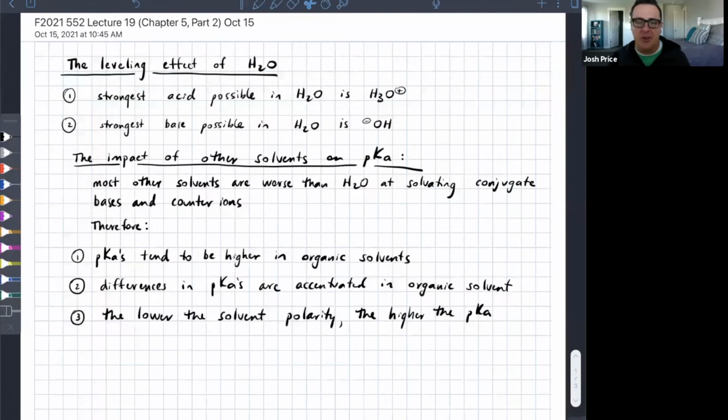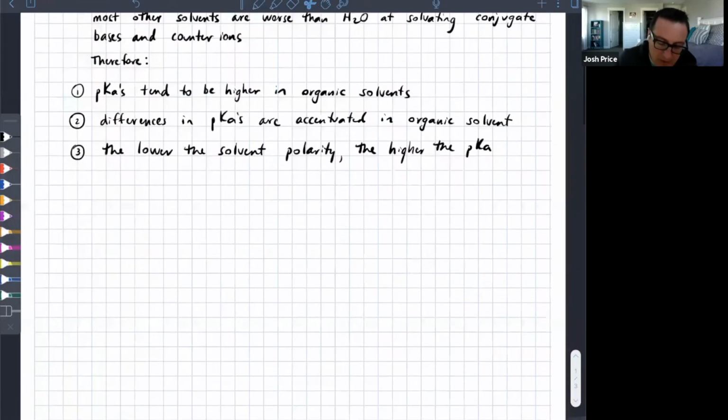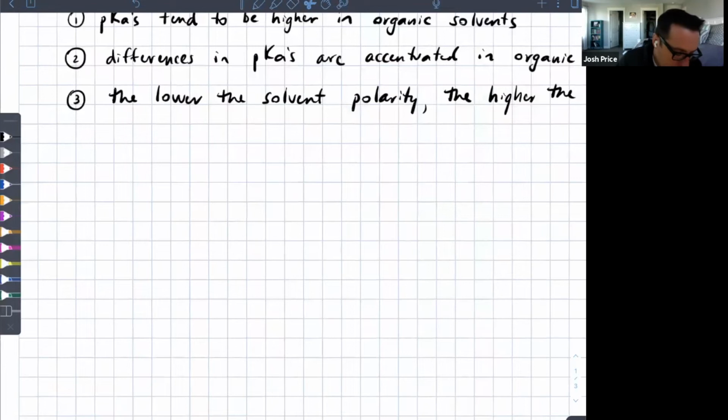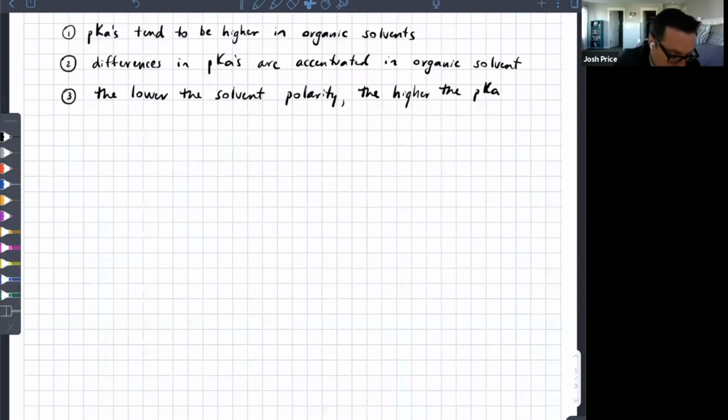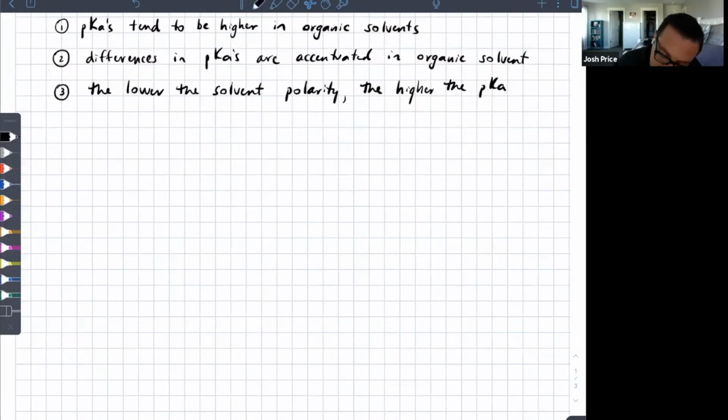Differences in pKa's are larger and more accentuated in organic solvent because you start to see some of the more intrinsic differences in acidity rather than mostly the effect of solvent. And in general, acids in solvents that are nonpolar will have larger pKa's. So I'm going to show you a few examples, and there are going to be a few principles that are illustrated by these examples.